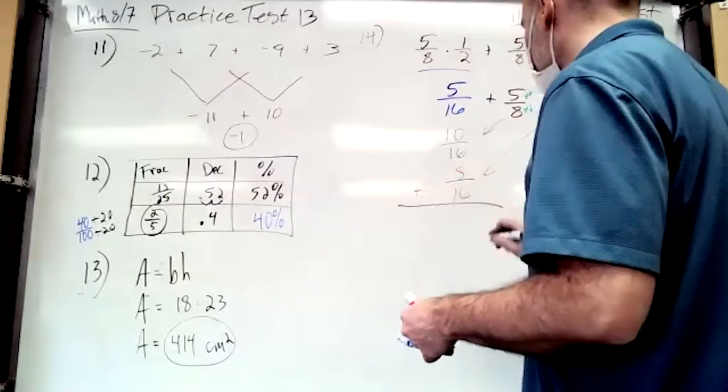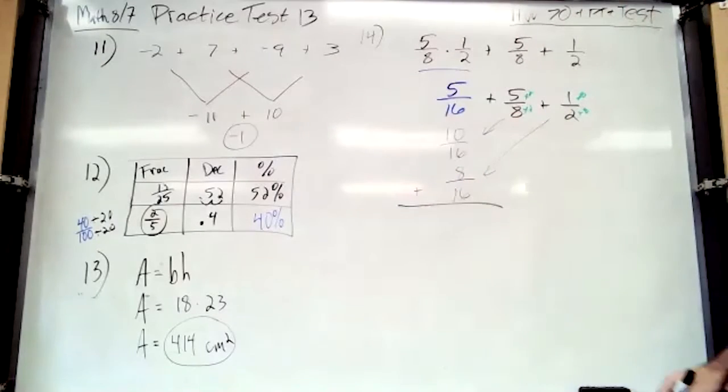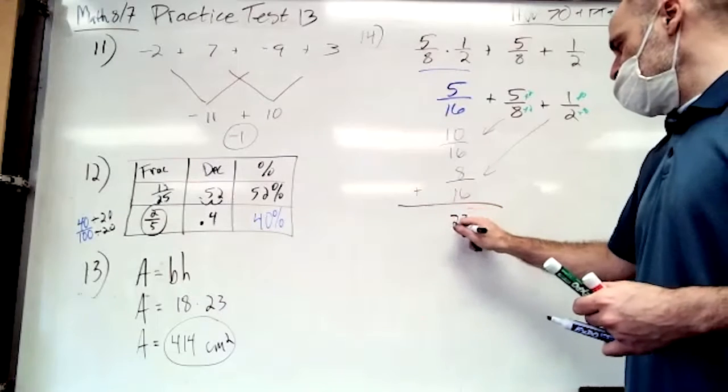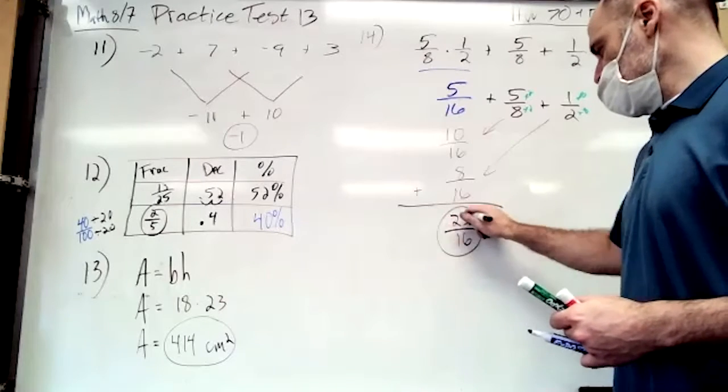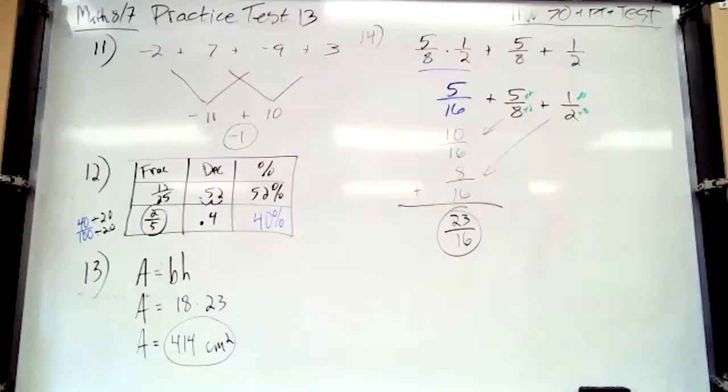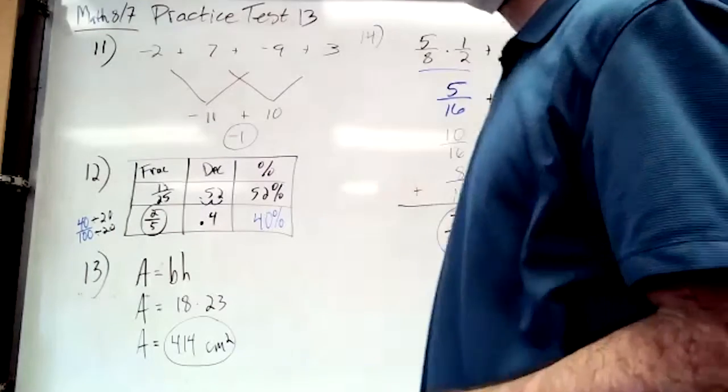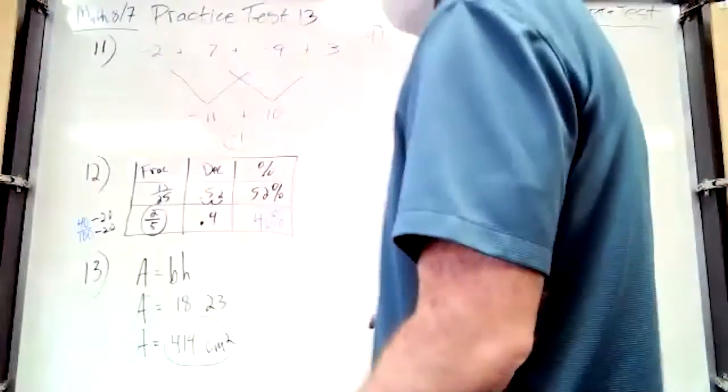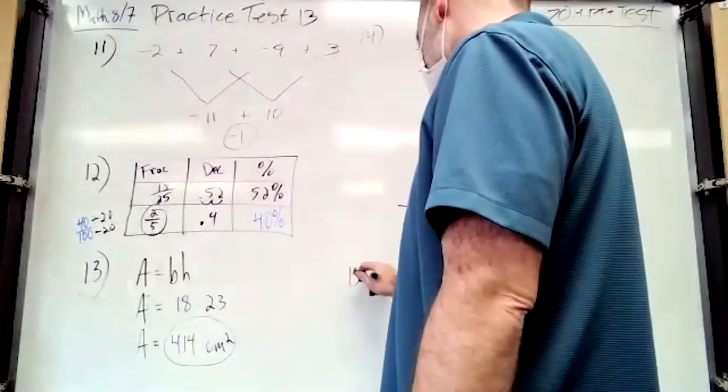Now we can add them up. 15 plus 8 is 23/16. You could probably just leave it like that, or if you wanted to change it to a mixed number, you could say 1 and 7/16, right? But that's fine if you leave it like that. Good? All right, number 15. 15 is the fish method.